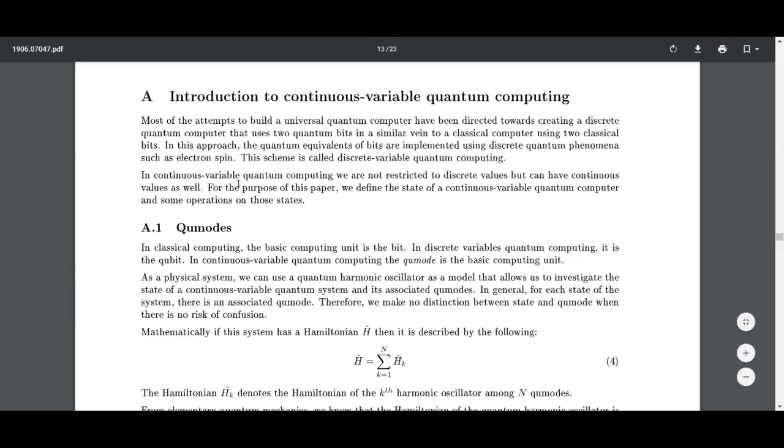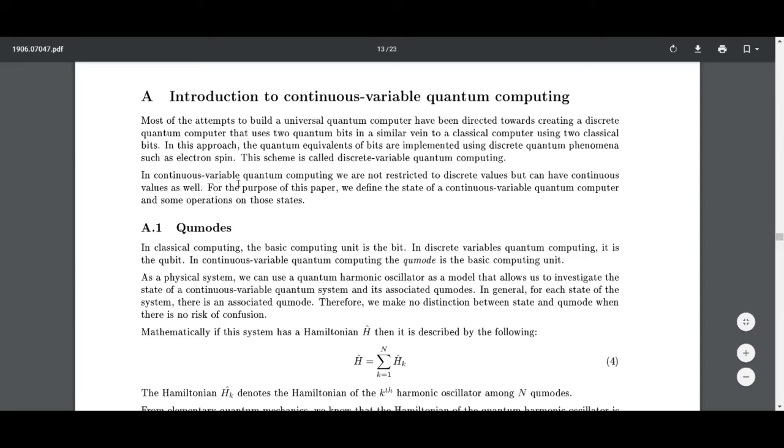Okay, so Q modes. I checked the Xanadu thing in my previous video. Q modes are sort of the equivalent of qubits: the discrete variable computer has bits, and here it's continuous. The Q mode is the basic computing unit. As a physical system, we can use a quantum harmonic oscillator as a model that allows us to investigate the state of continuous variable quantum systems.